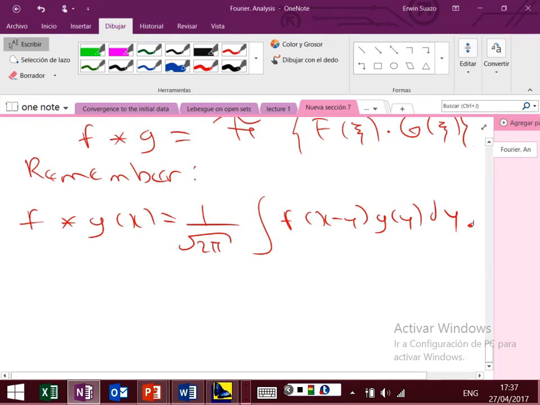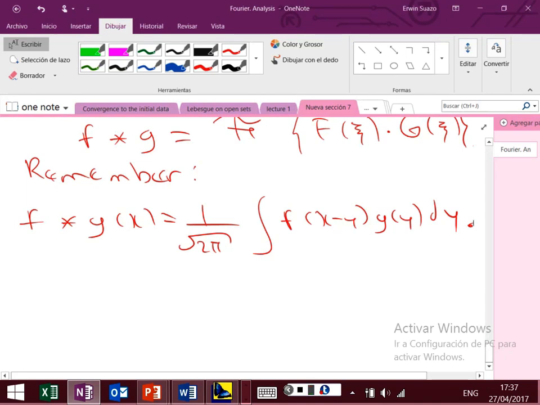Okay. So that's one of the ones that I need. The other one that I need is the inverse Fourier transform. Let me see what I have. I have the proof of the convolution here.